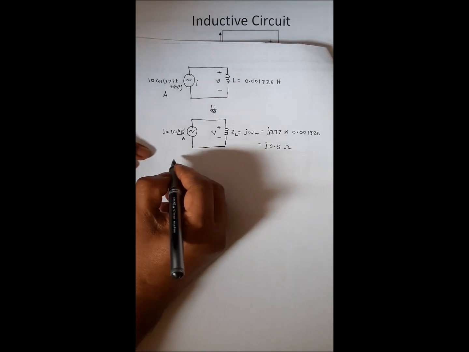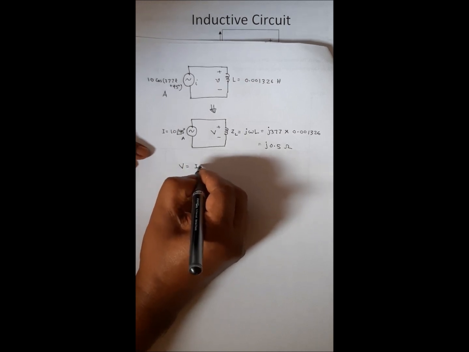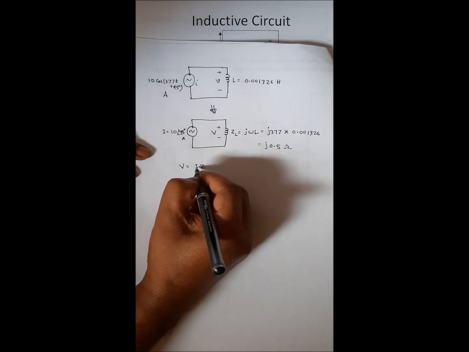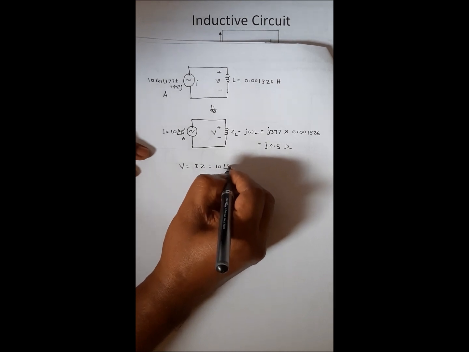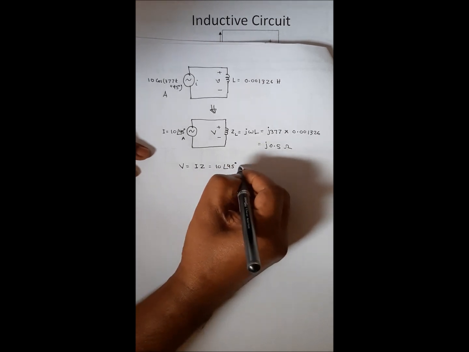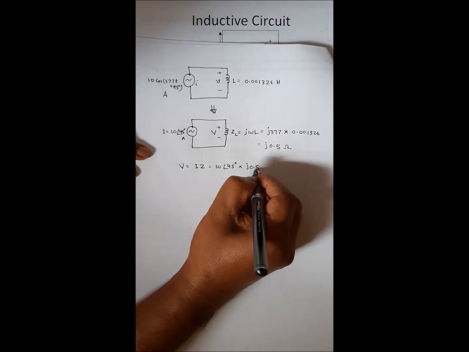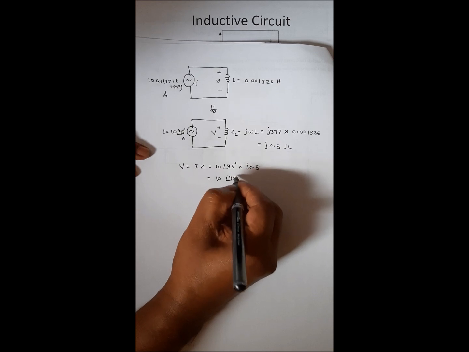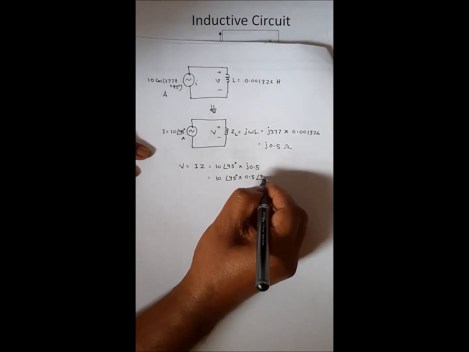Now if you want to find this voltage, V equals I times Z. This is Ohm's law in frequency domain. So voltage equals I times Z, and I is 10 angle 45 degrees, and Z equals j0.5, or you can write Z as 0.5 angle 90 degrees, since j is equivalent to 90 degrees.